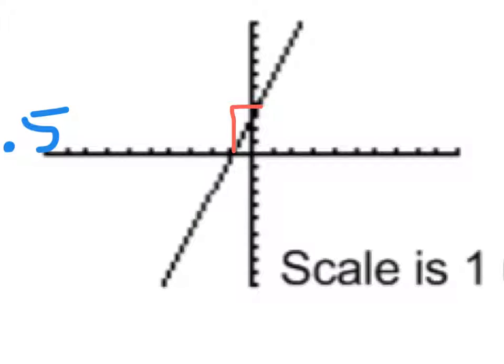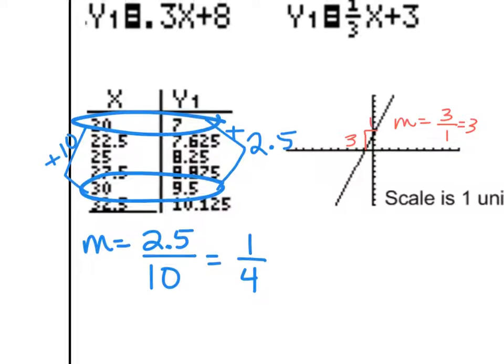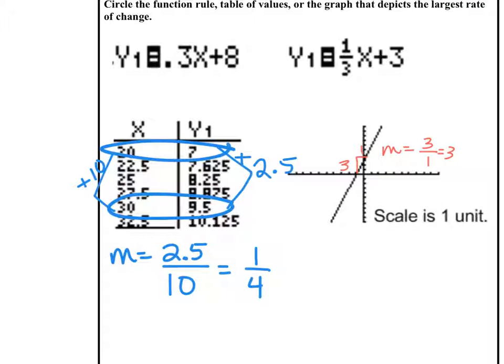On the graph, it goes up 3, right 1, so the slope would be +3 over 1, or just 3. Because it's scaled by ones. Let's see, your slope for the equation on the right is 1/3. Your slope for this guy right here is 0.3.